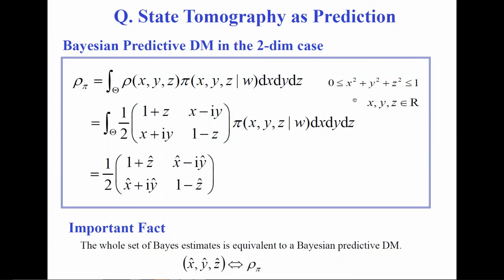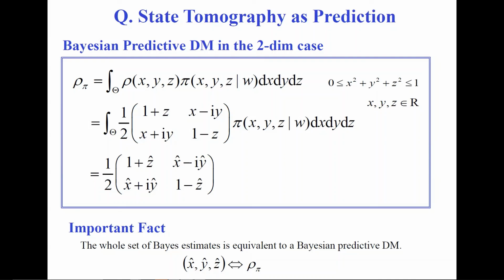So we take the prior distribution over this space, and then we calculate the integral for each component. And finally, we obtain x hat, y hat, and z hat. These are actually the Bayes estimates of the Bloch parameters x, y, and z.